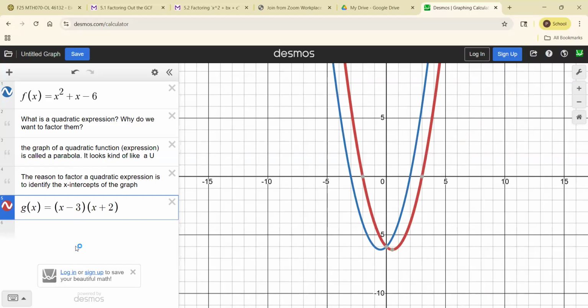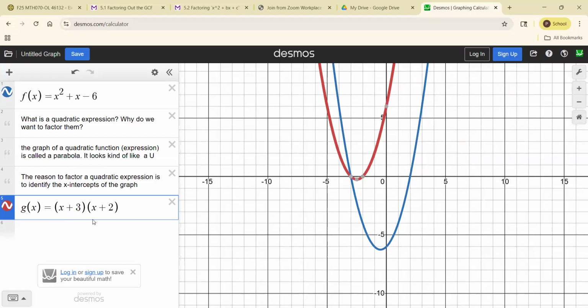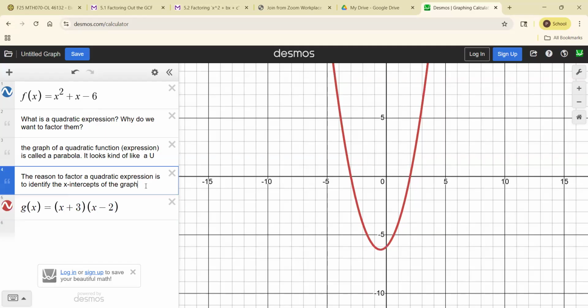What you're going to need to remember, and I'll come back to this a lot, is that for the x-intercepts, you change the sign from positives to negatives. When the x-intercept is at x equals -3, the term, this is called the factor, is x plus 3. Plus 3 versus -3. And then the x minus 2 is the opposite of the x-intercept, which is +2.